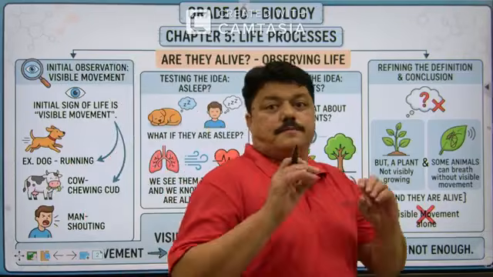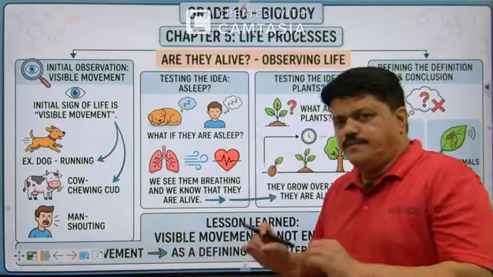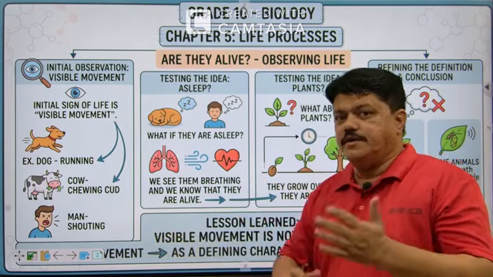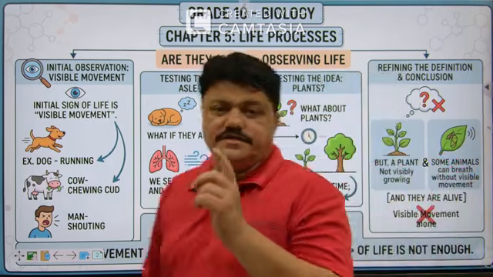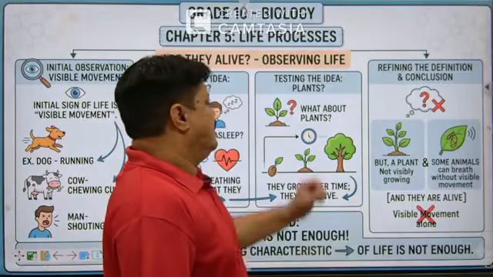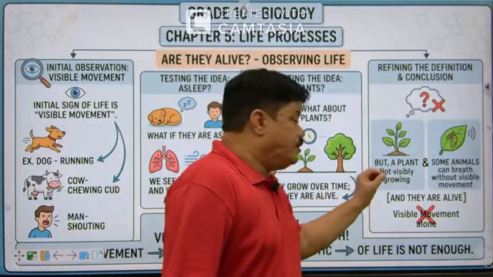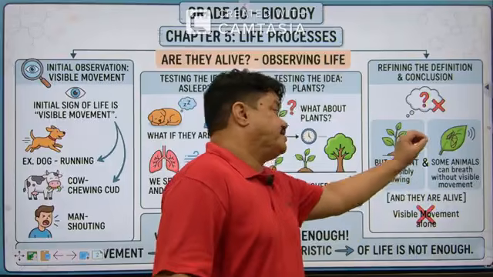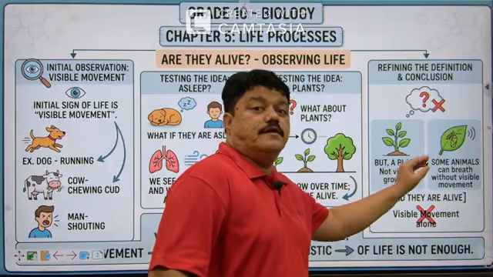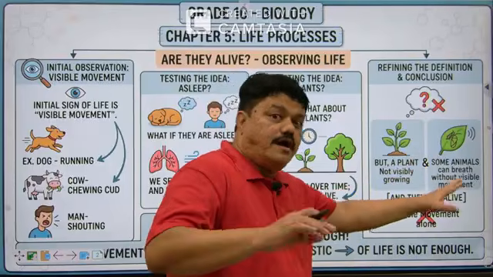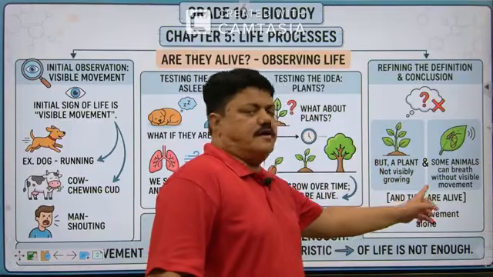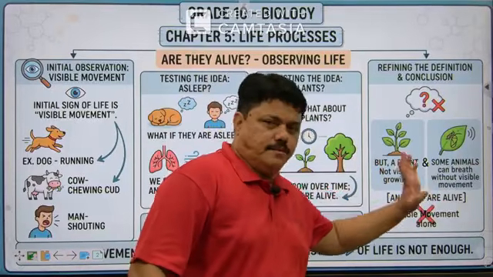So by considering visible movement, can we differentiate between living and non-living? There is another doubt: plants do not show any visible movement, and there are some animals which can breathe without visible movement, even though we consider them alive.